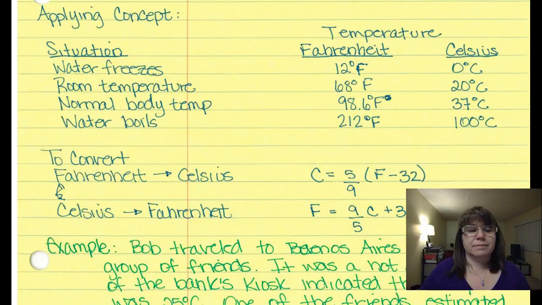And there's a nice formula that we can convert one type of temperature to the other. Given the value in Fahrenheit, I can plug it into this formula right here: 5/9 times the quantity F minus 32. My Fahrenheit value minus 32 will give me what it is in Celsius.